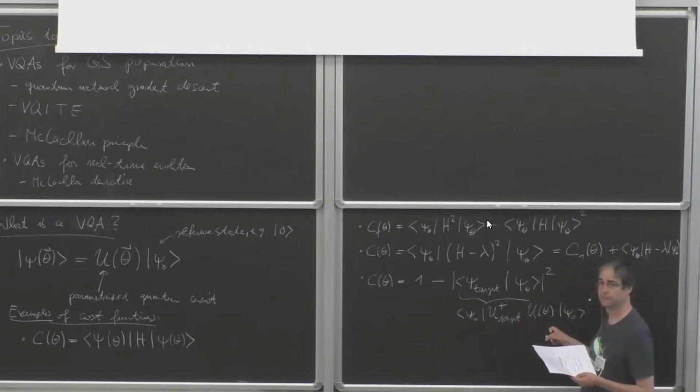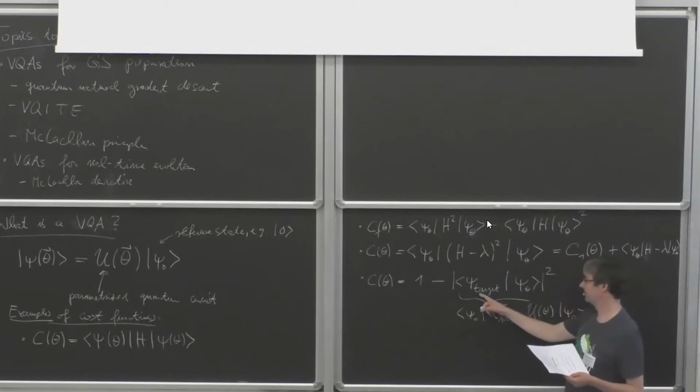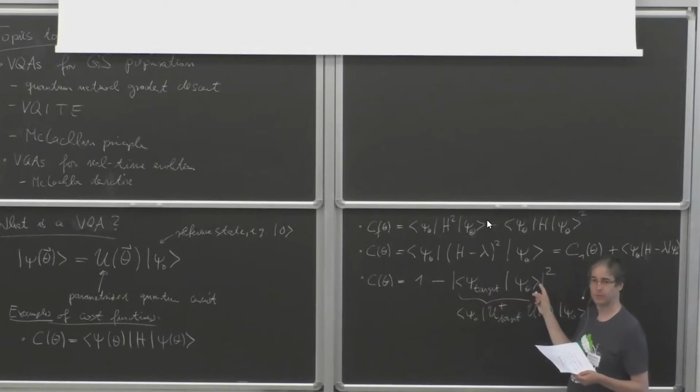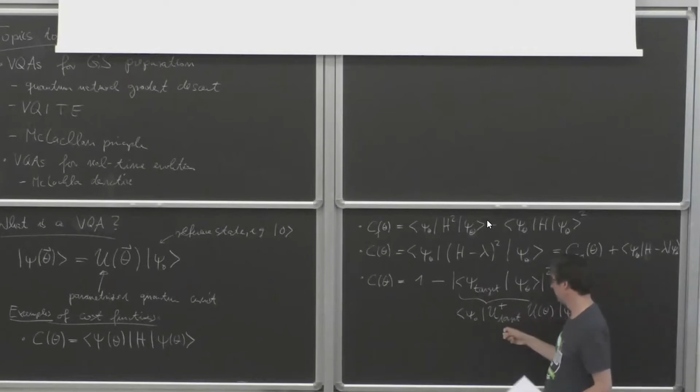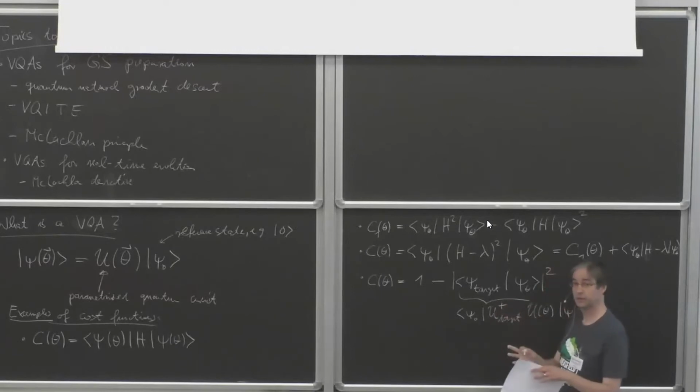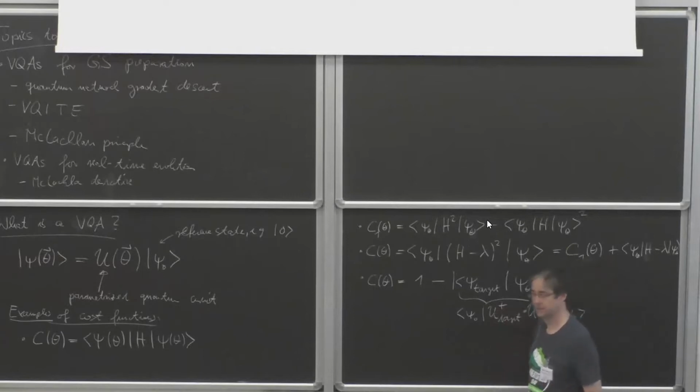If you don't know how to prepare that state, there's no way a quantum computer can compute it for you. But the idea I have in mind is that you can do it, but you want to achieve that state with a shallower circuit. Very good question.